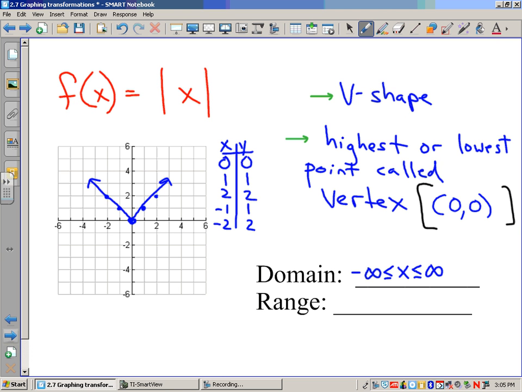All x's will work. If you look at your range, you're not getting y's below 0. The first y you get is at 0, and they're going up. So your range is y's that are greater than or equal to 0. If you want to put that they go to infinity, that's fine.